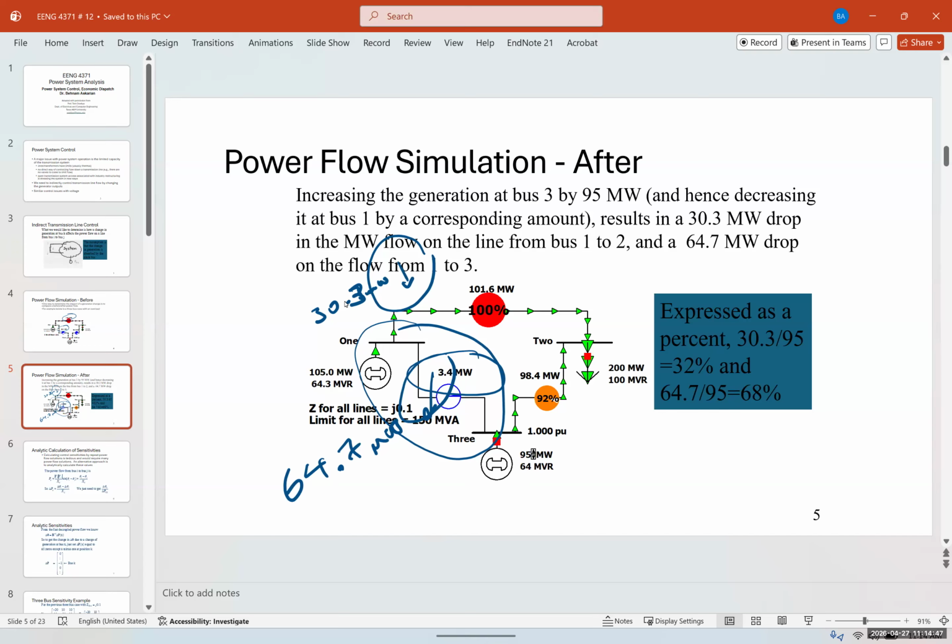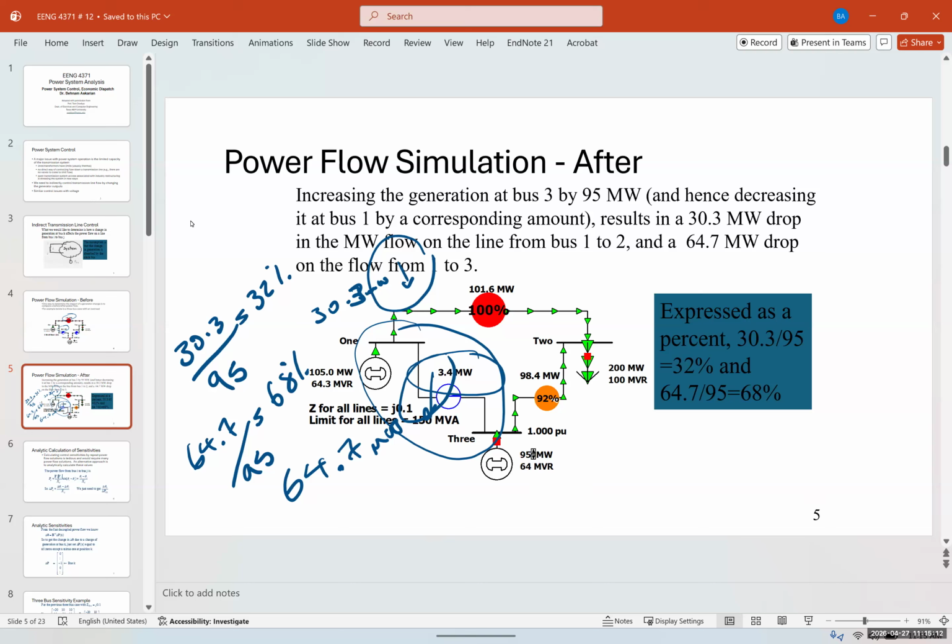If we express these as a fraction of the 95 megawatts, 30.3 divided by 95 gives us around 32%, and 64.7 divided by 95 gives us almost 68%.